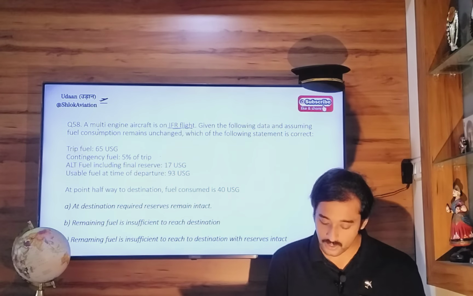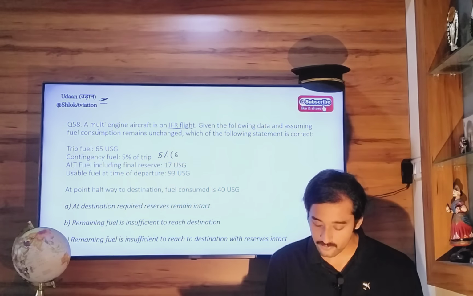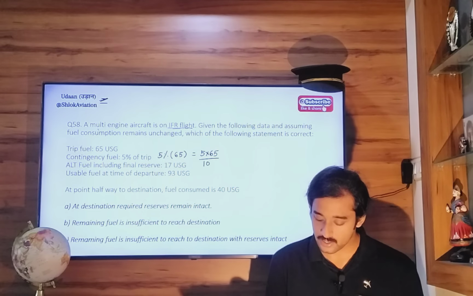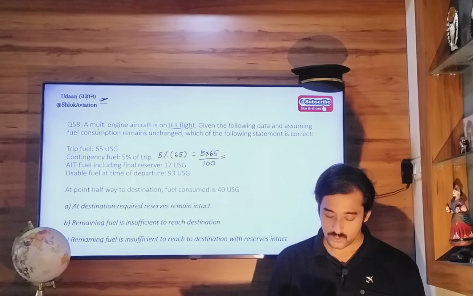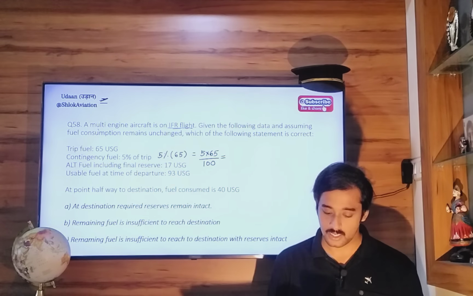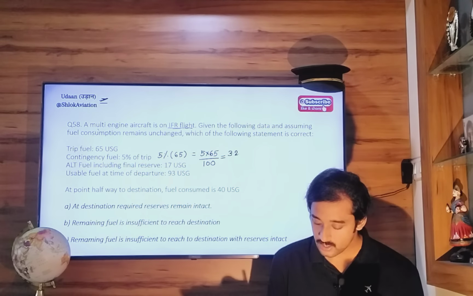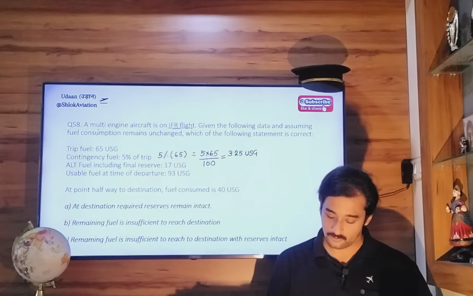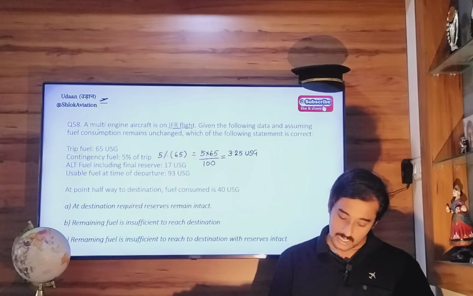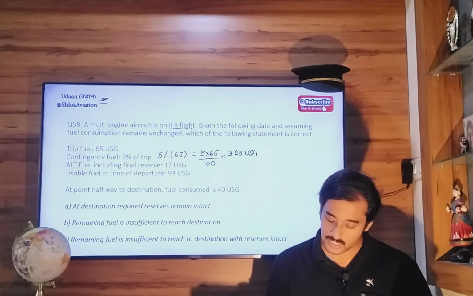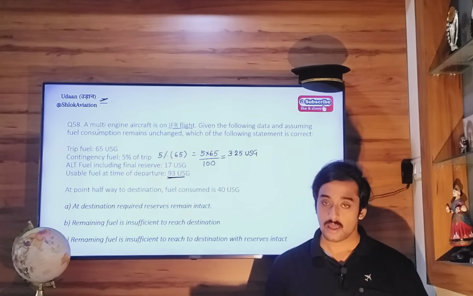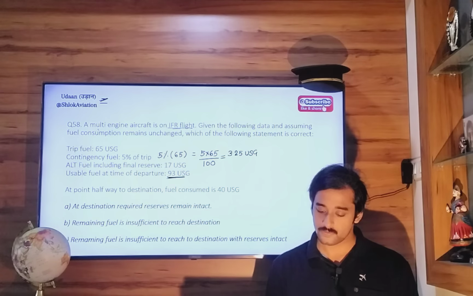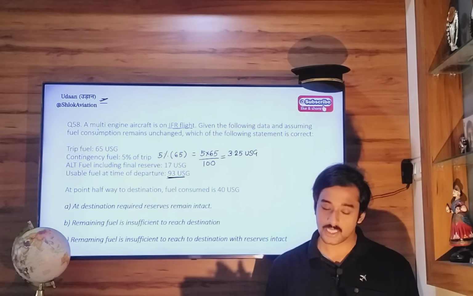So 5% of 65, that is 5 into 65 divided by 100, which is 3.25 US gallon. Alternate fuel, including final reserve fuel, is 17 US gallons. Usable fuel at the time of departure is 93 US gallon. At the point halfway to destination, fuel consumed is 40 US gallon. So this is the data given to us.